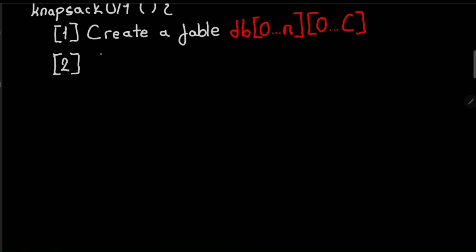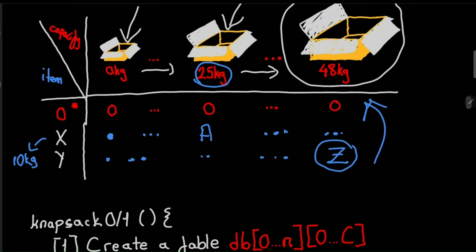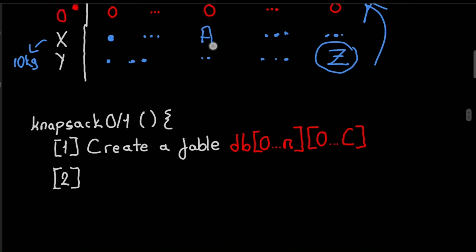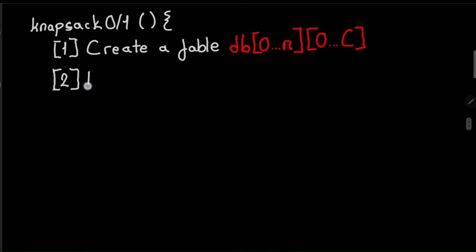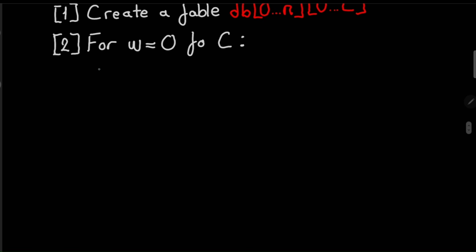Then in the second step, I will create a loop. As you remember, we fill the first row with zeros, right? Because it is an initiation step for our algorithm, which represents 0 items. So, in order to do that, I am creating a for loop for W from 0 to C. Here the W represents the current capacity from 0 to C. What will I do?